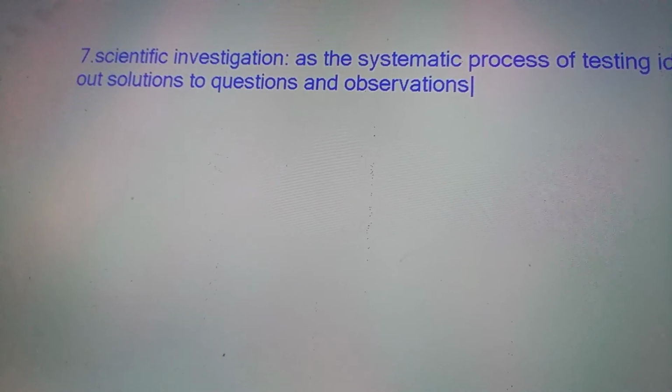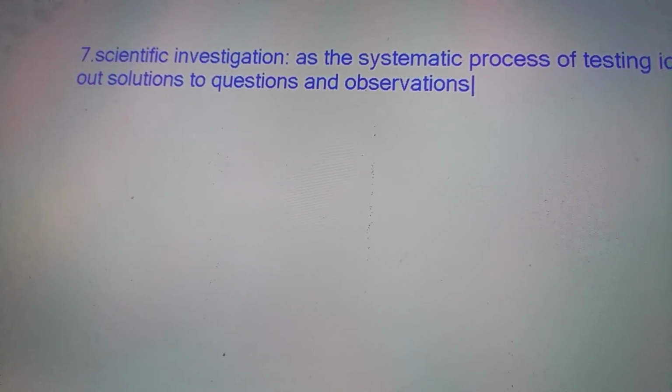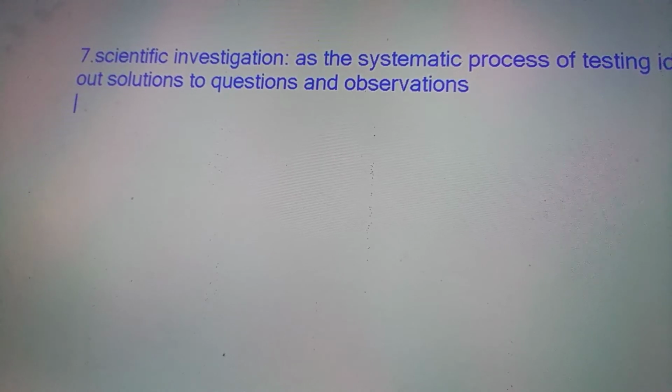Within this scientific investigation or scientific approach, we see different stages, steps or stages.